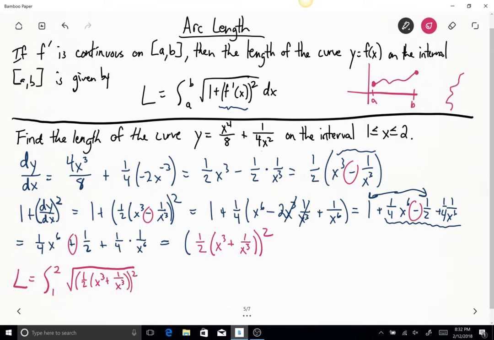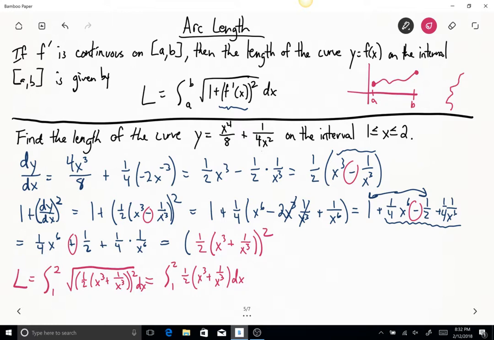Well, when you take the square root of a square, and we're on the positive interval, because we're going from positive 1 to positive 2, and all those values are positive, it just becomes a regular value. So this thing is the integral from 1 to 2 of 1/2 x cubed, let me slap a dx at the end of that, plus 1 over x cubed dx. So notice this is tricky algebra, right?